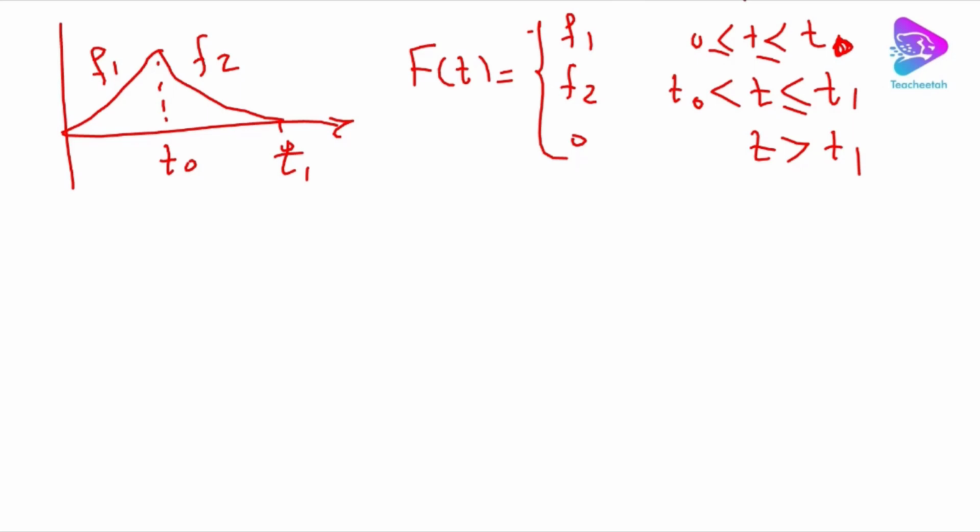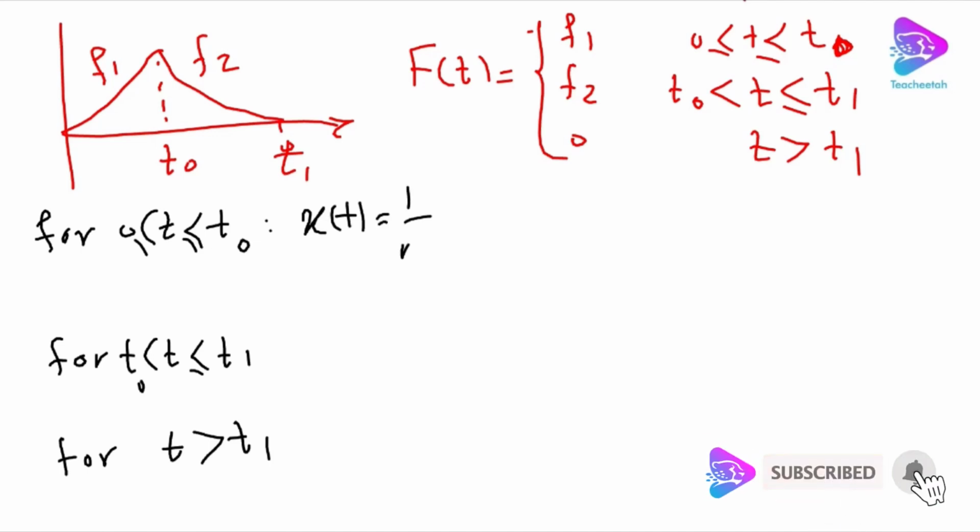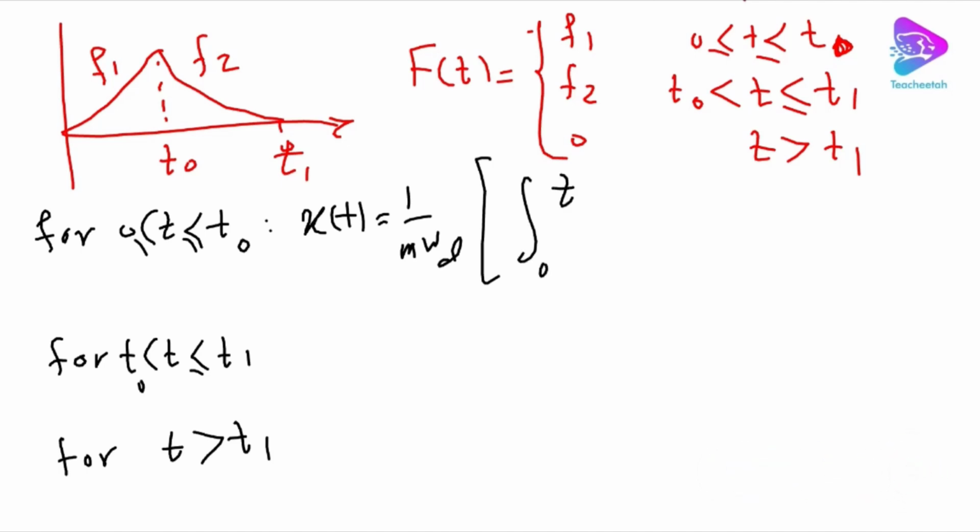Anyway, what I want to say is that in that case we need to calculate 3 times. First we calculate for t between 0 and t naught, then for t between t naught and t1, and for t greater than t1. For the first one we can say x(t) equals 1 over m omega d times an integral from 0 to t, and we only use f1(tau) g(t minus tau) d tau.